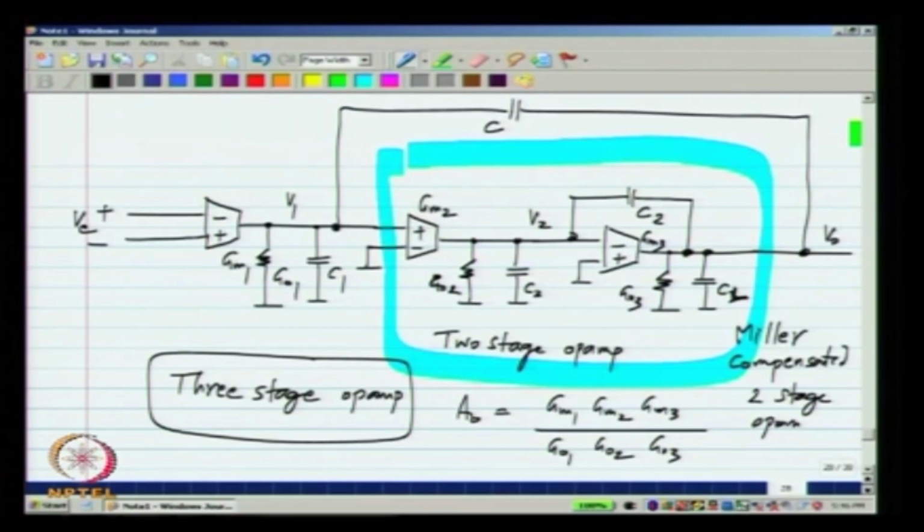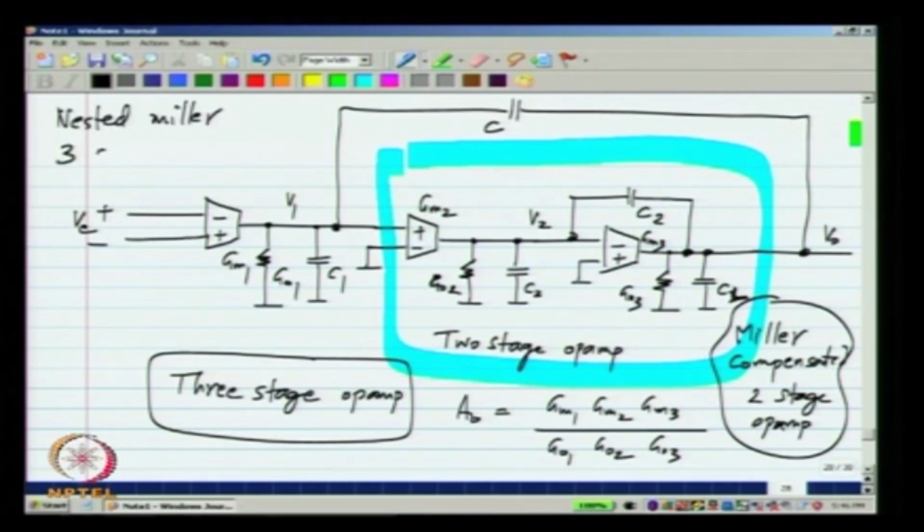The 2 stage op amp that we discussed is a Miller compensated 2 stage op amp. Now, you see that first of all the op amp inside has a Miller compensation, the outside one also has a Miller like compensation. So, this entire thing is called the nested Miller 3 stage op amp.